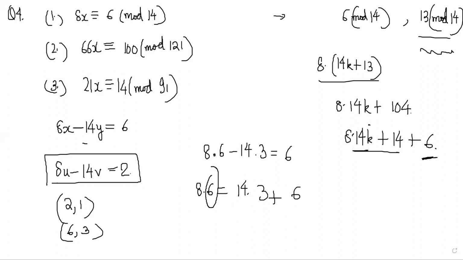That is coming. 6 mod 14 has come. This is also 6 plus 7, which is 13 mod 14. How can we get the other root?